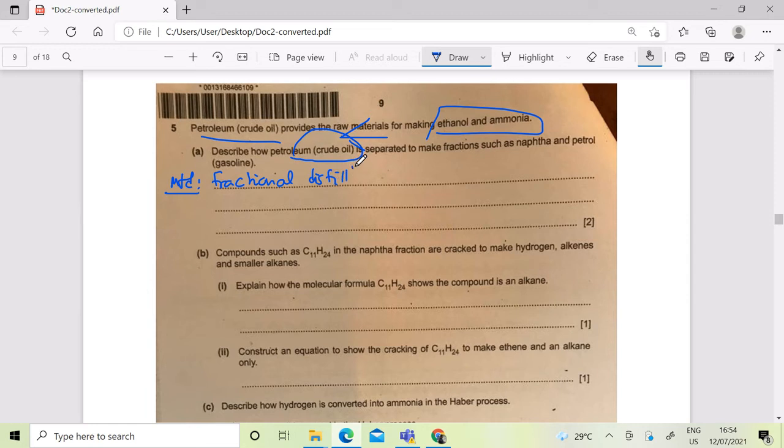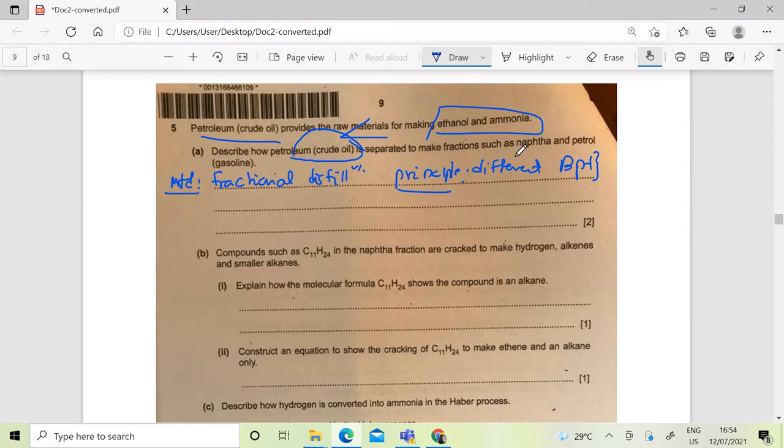So that is required in your answer. Method. Then you require a principle behind that. Principle is basically different boiling points. So the fractions have different boiling points.